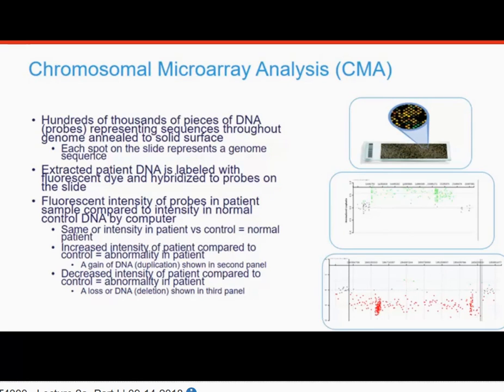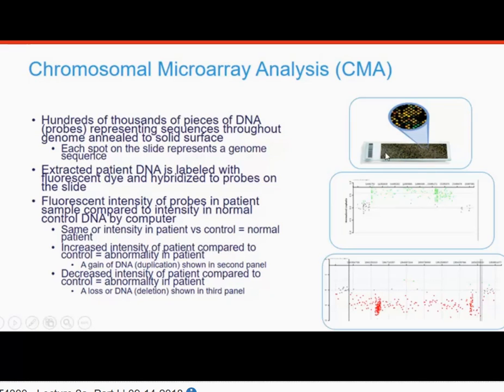So this is just a little bit more about how a microarray is constructed. There are hundreds of thousands of pieces of DNA that are put on a slide. Some of them look like microscope slides, and some are little chips that look like little cassettes that go into the laser scanner. Each spot represents a genomic sequence, and a sequence in one spot is going to be repeated elsewhere.